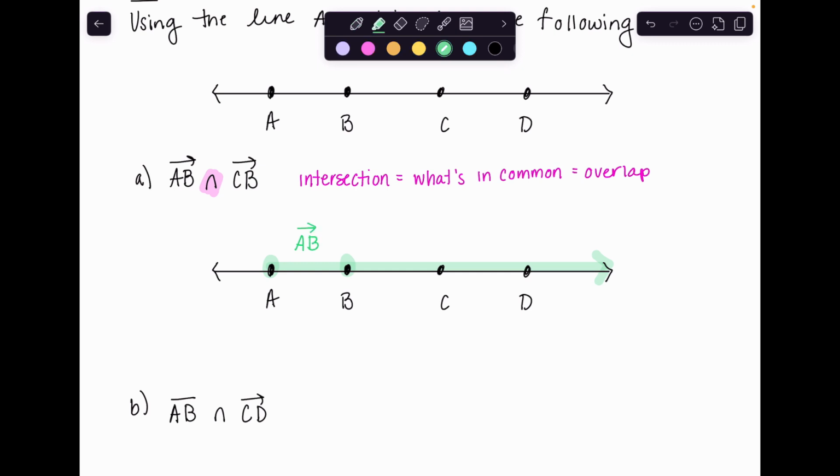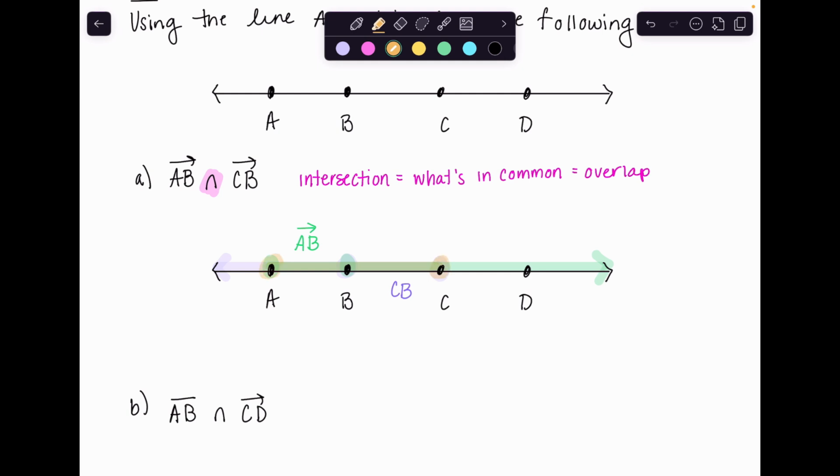Then I want to look at ray CB. That means I'm starting at C and I'm heading in B's direction forever. So if I'm looking for that overlap, this is where my shading overlaps, okay?